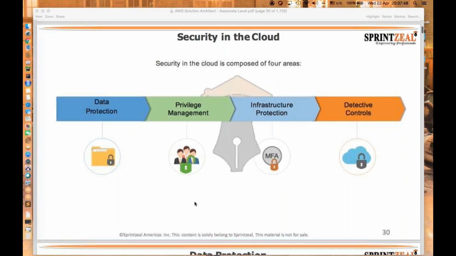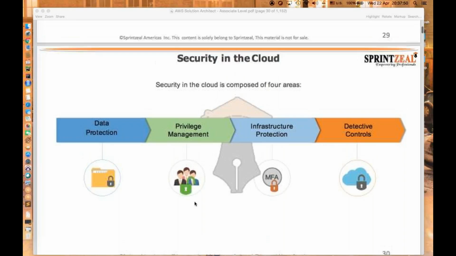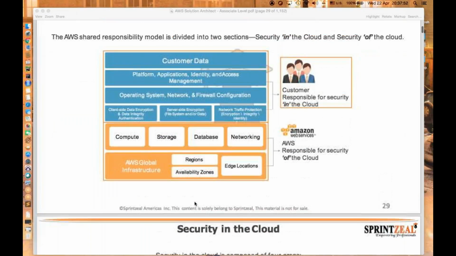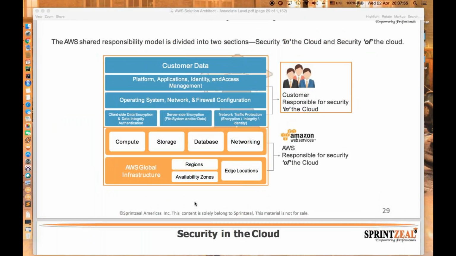Yes, Patrick. What is the difference between an edge location and an availability zone? Can you explain it a little bit? Right. The regions you understood, right? Let's say Latin America or North America.